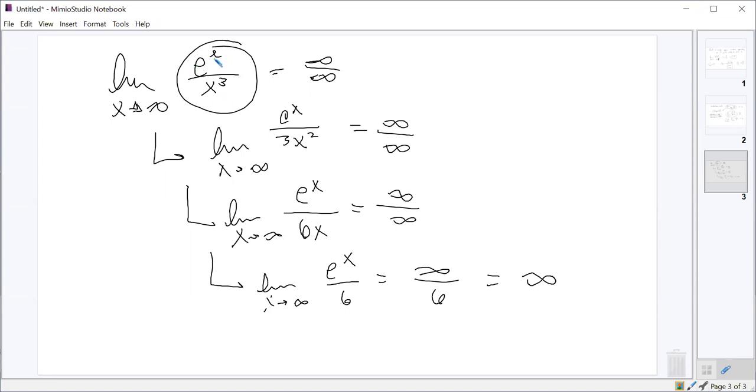So over time, the numerator is going to get larger more quickly than the denominator. If the numerator gets larger more quickly than the denominator, we're going towards infinity. If the denominator gets larger more quickly, then it should be going towards zero. Exactly. Perfect.